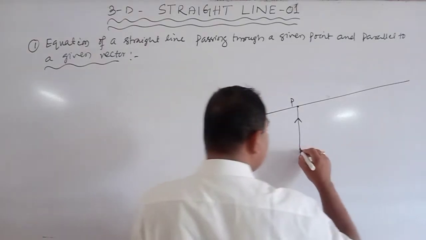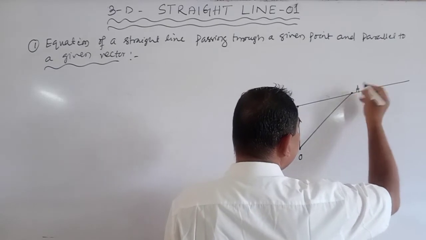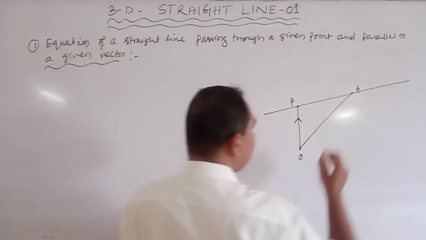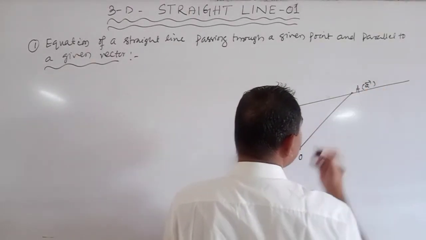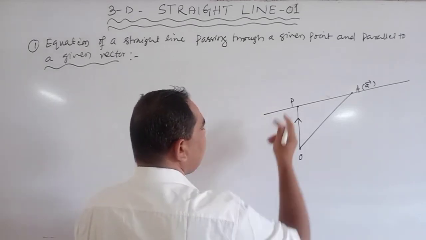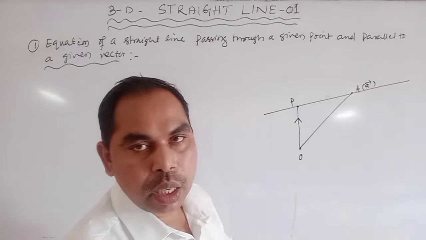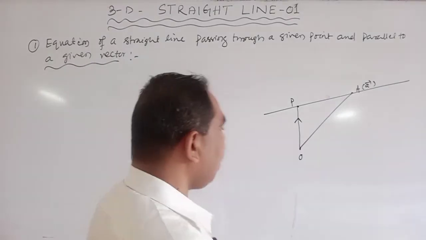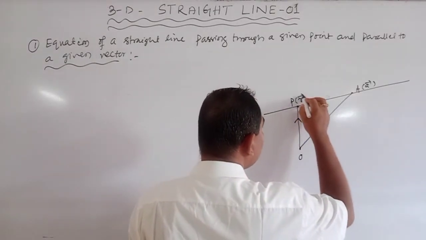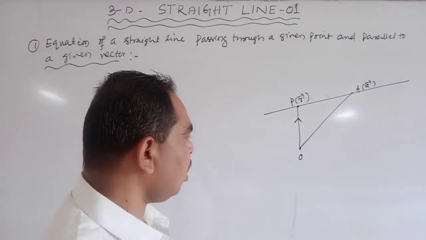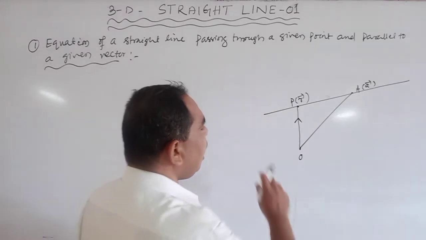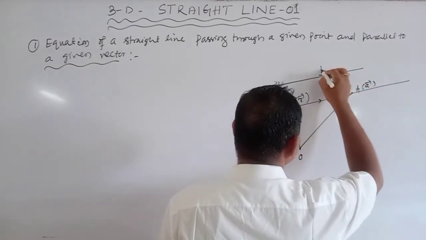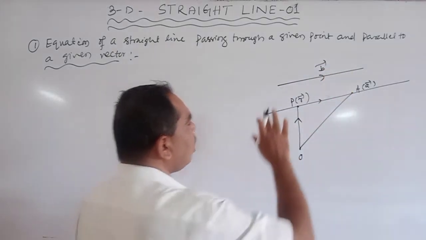Next, the line passes through a fixed point A with position vector A vector, and the point P is a variable point, meaning any point on the line other than the point A, having position vector R vector, and the line is parallel to the vector B.